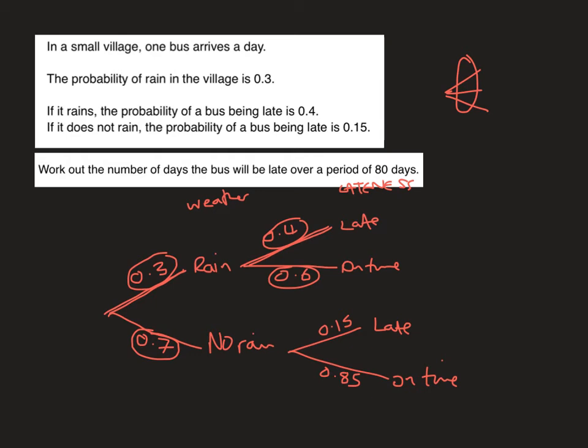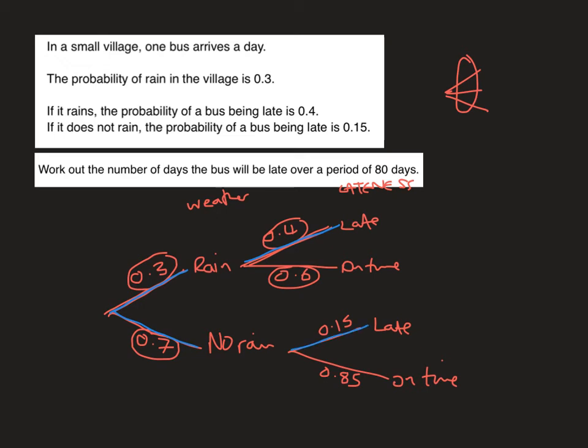Okay, work out the number of days the bus will be late over a period of 80 days. So we need to work out, first of all, the probability of it being late. Well, the options are it rains and it's late, or it doesn't rain and it's late. So let's work out these 2 probabilities.